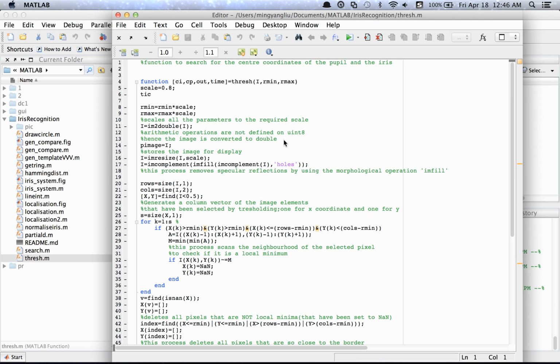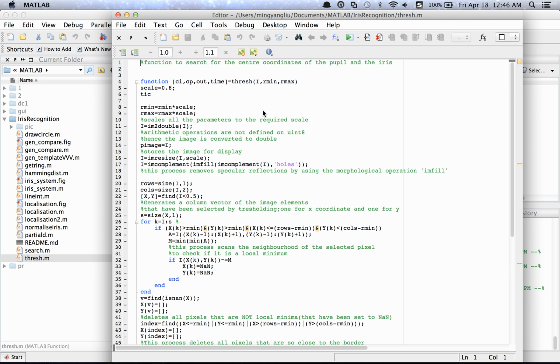Then this method consists of thresholding followed by checking if the selected points correspond to a local minimum in their immediate neighborhood. These points serve as the possible central coordinates for the iris. Once the iris has been detected, the pupil's central coordinates are found by searching a 10 times 10 neighborhood around the iris center and varying the radius until the maximum radius is found.